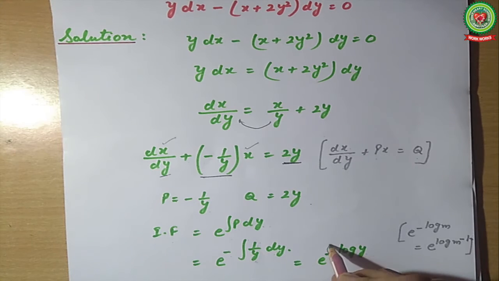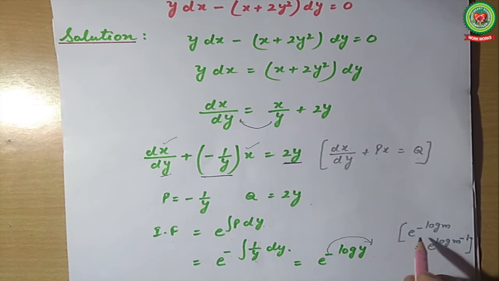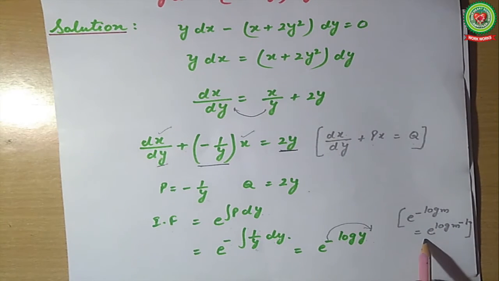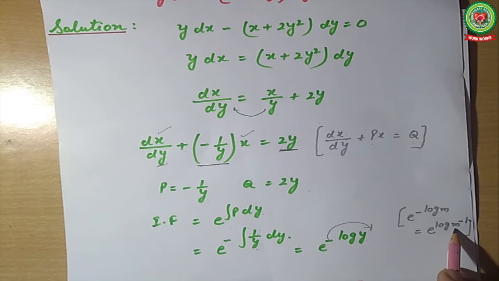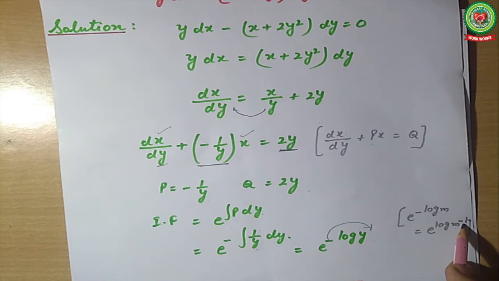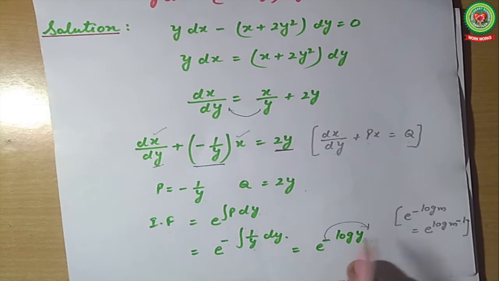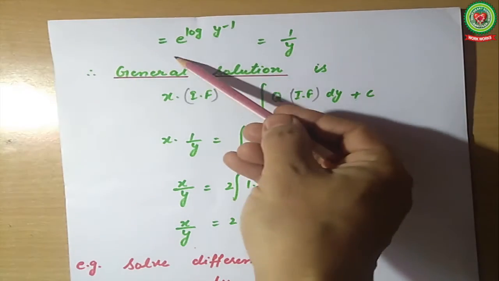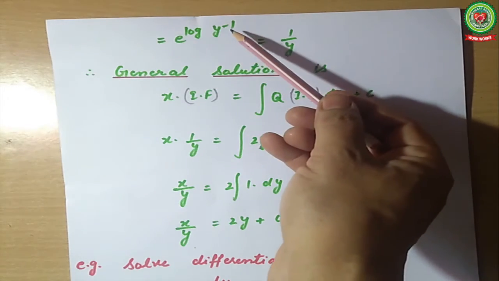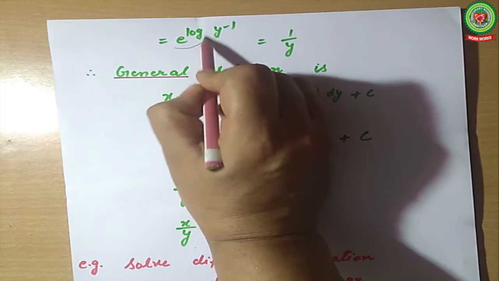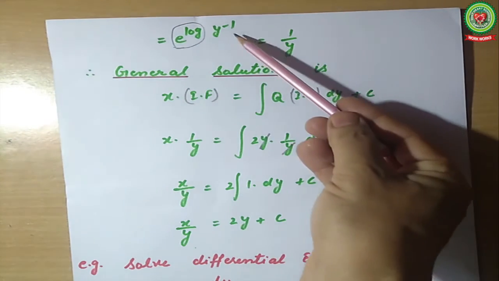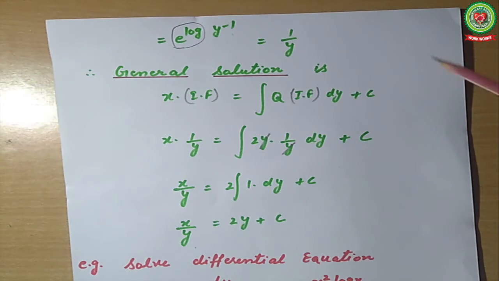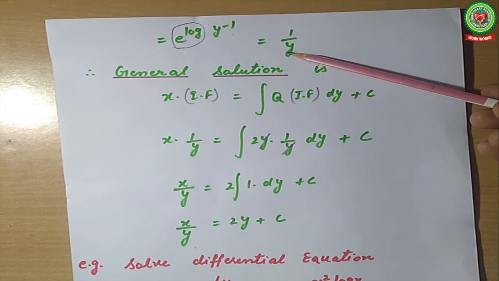Now, we apply the identity e raised to the power minus log m is equal to e raised to the power log m raised to the power minus 1. So it will be e raised to the power log y raised to the power minus 1. Now e and log cancel, so it will be y raised to the power minus 1, which is 1 upon y.